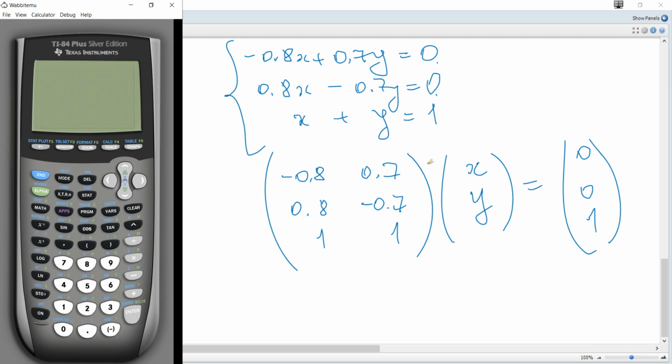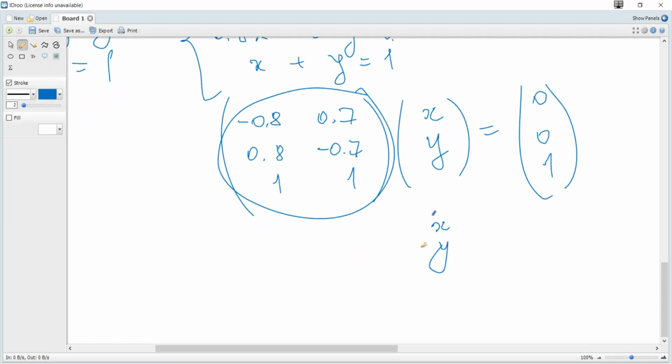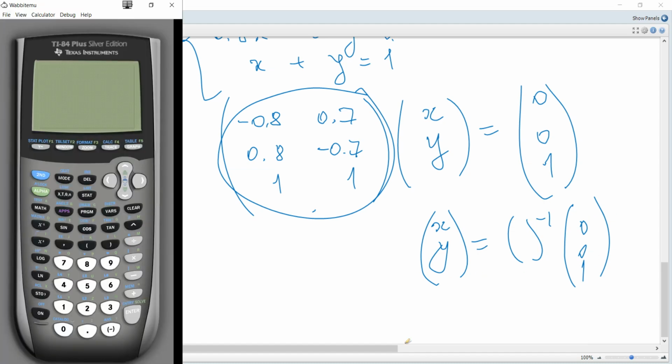Definitely you may find the inverse of this, and then x, y is this matrix inverse multiplied from the left. You can find the inverse using a calculator only. So you may just enter one matrix, for example A, matrix B, and then you just calculate A to the power of -1 multiplied by B. You may try this, but I use another technique.